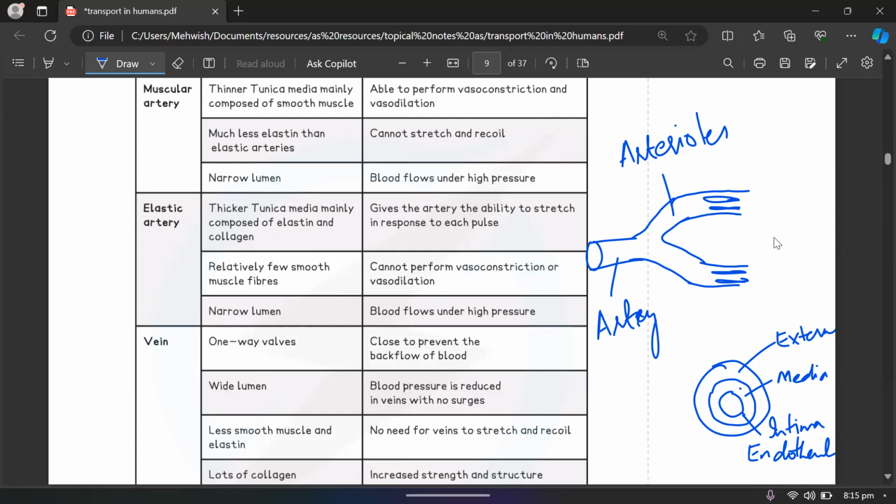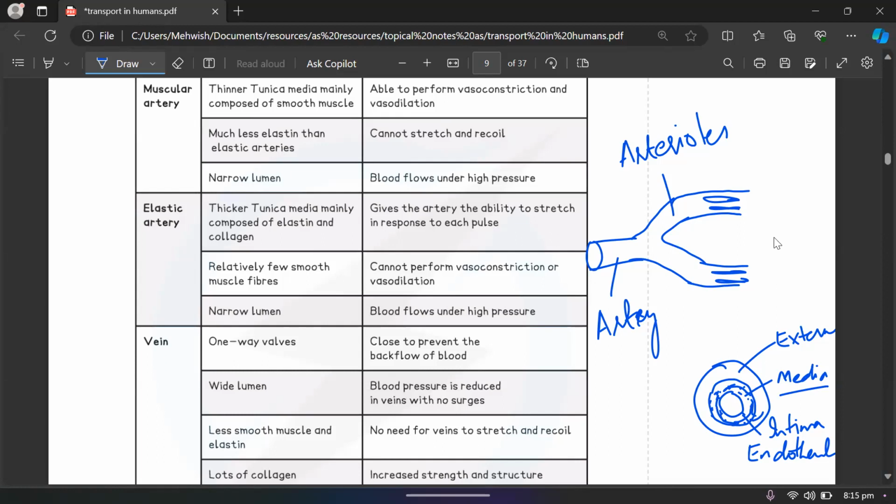So this is the middle layer, tunica media, and this mainly has elastic muscle fibers in an elastic artery, like the aorta. Why is the aorta called an elastic artery? Because it has more elastic muscle fibers in the middle layer as compared to smooth muscles and collagen.